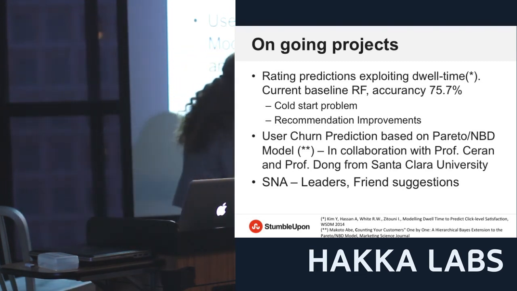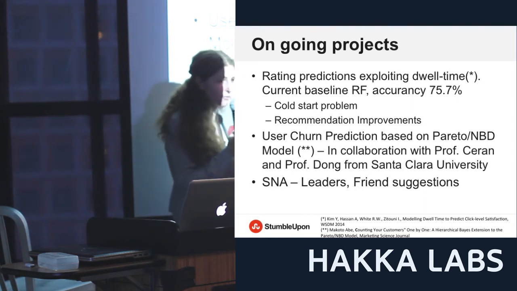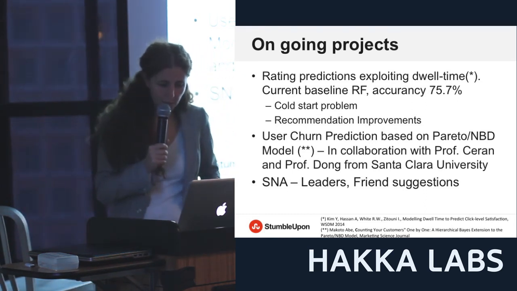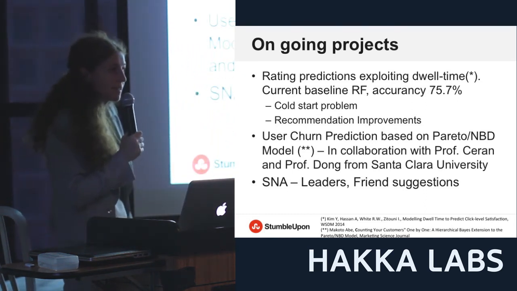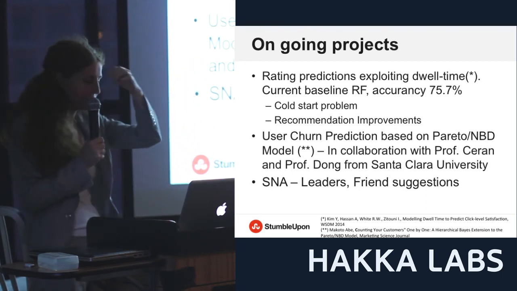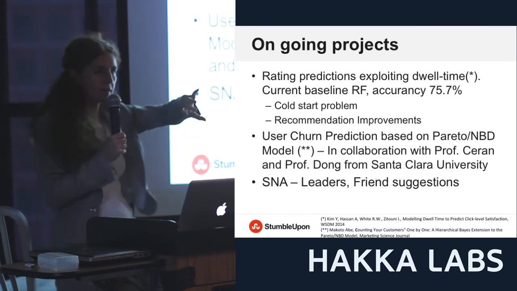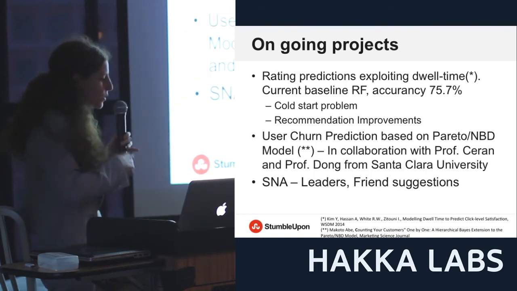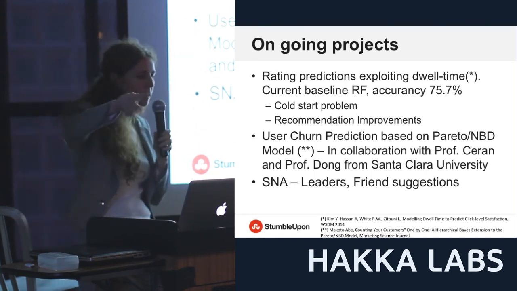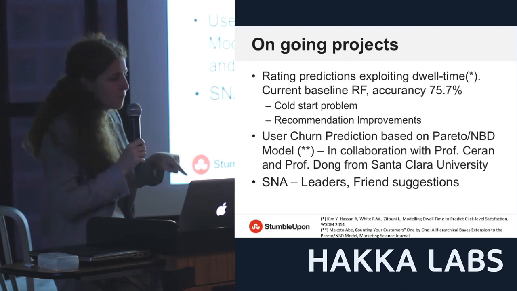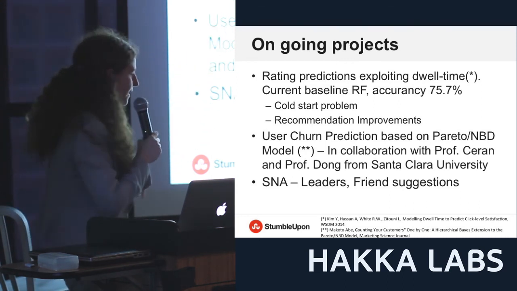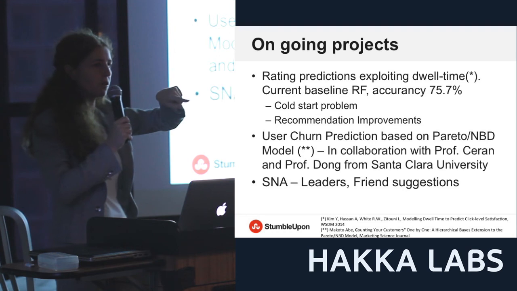We are doing something very similar to this paper, WSDM 2014. So we are still segmenting our items on the basis of interest and user behavior. And we are using a probabilistic model to understand how time is distributed with respect to ratings.